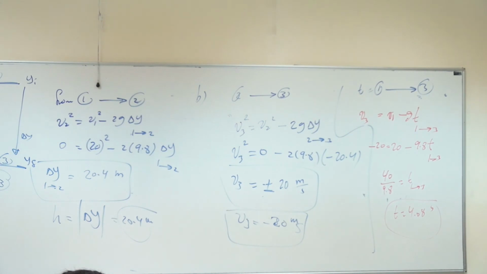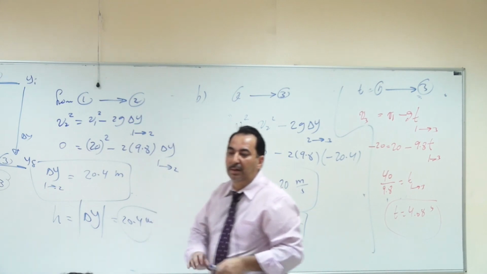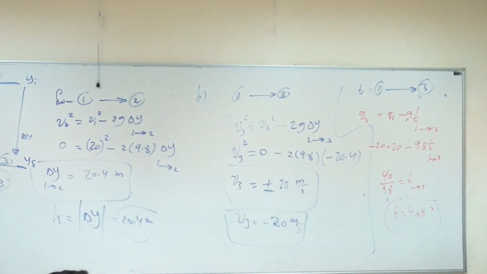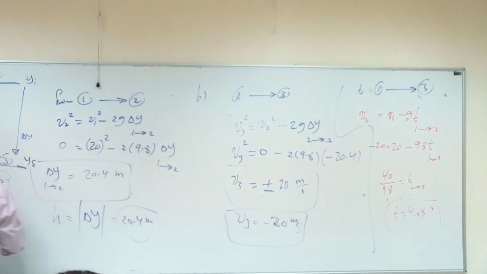Give me another strategy to answer this question. Same question. Find the time from 1 to 3. Find the time from 1 to 2 multiplied by 2. Now, okay, which equation do you use from 1 to 2? First or last? First. So V1 is okay? V2 is okay.